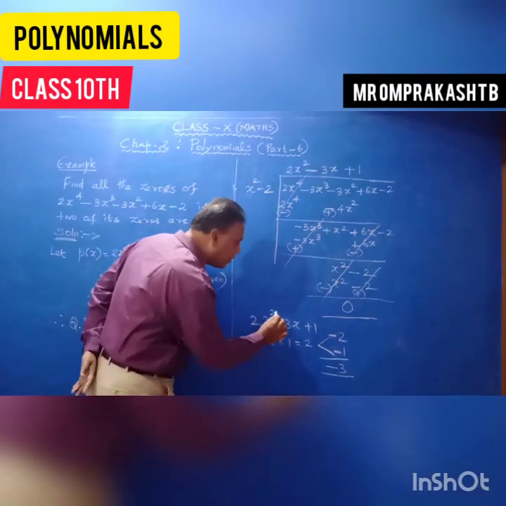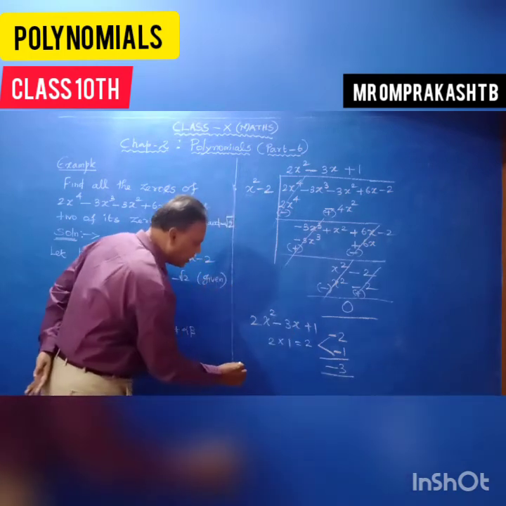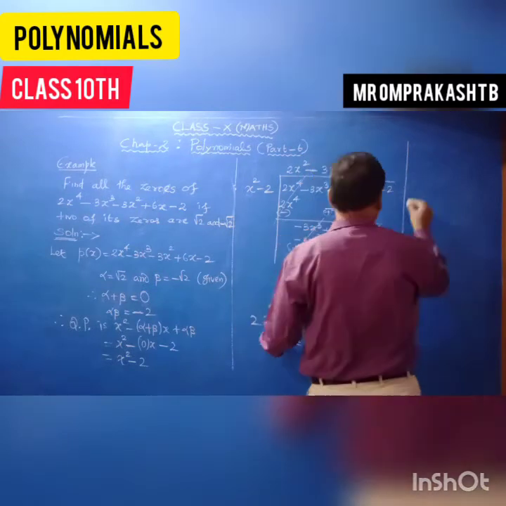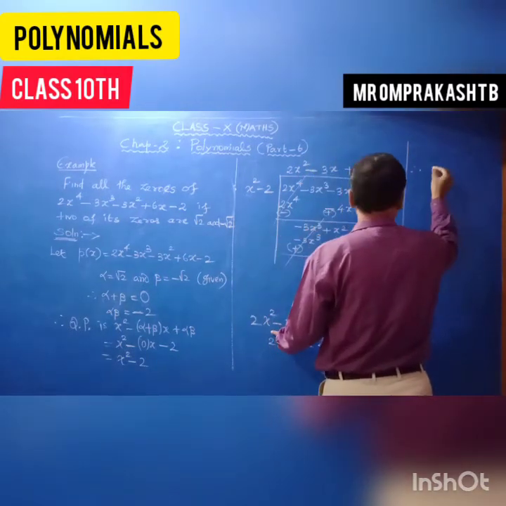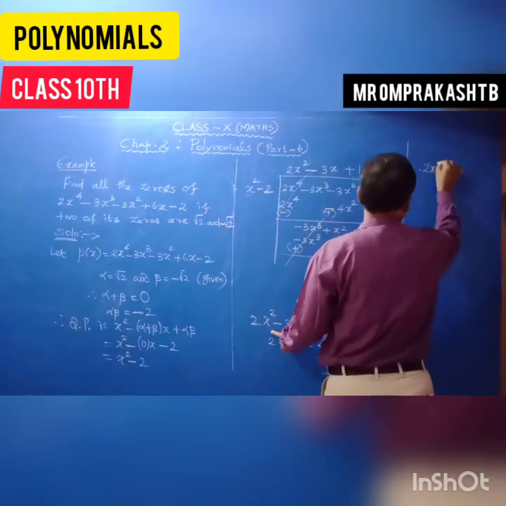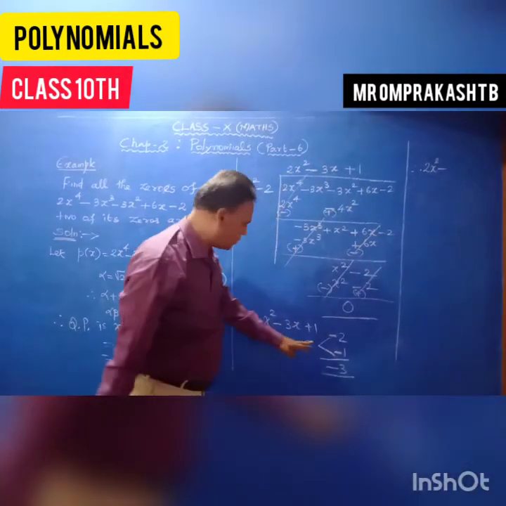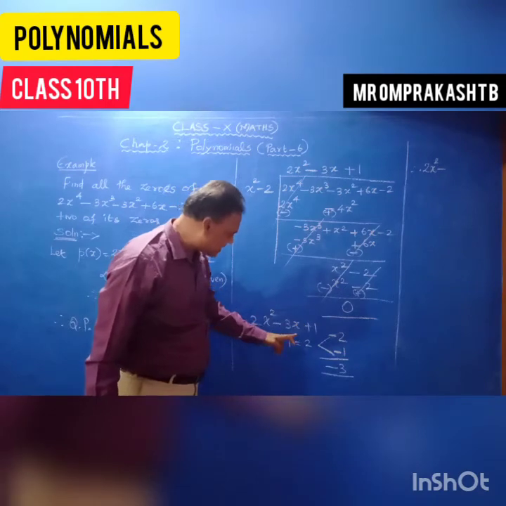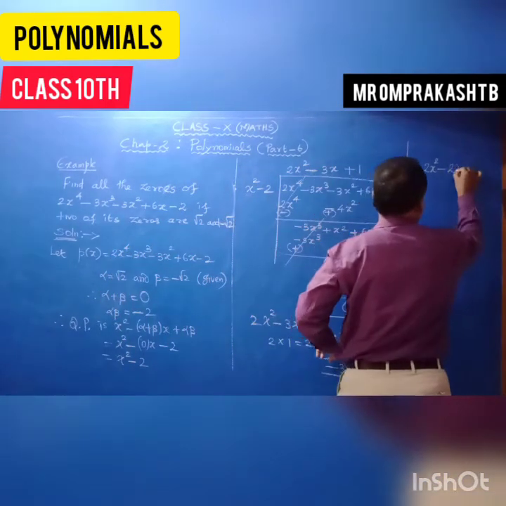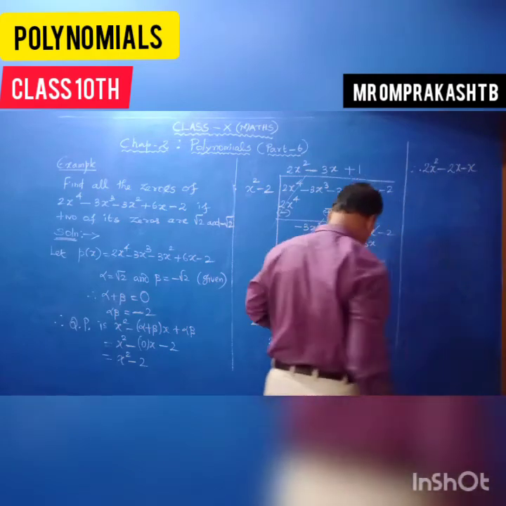Now this middle term you have to split. Therefore 2x squared minus, this middle term minus 3x can be written as minus 2x minus x, minus 1x means what?